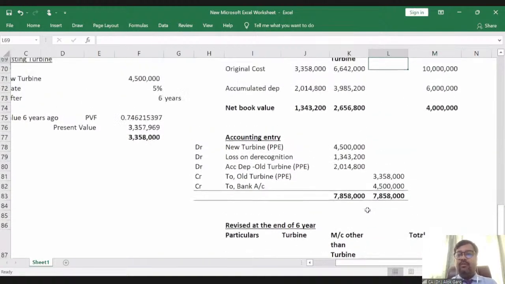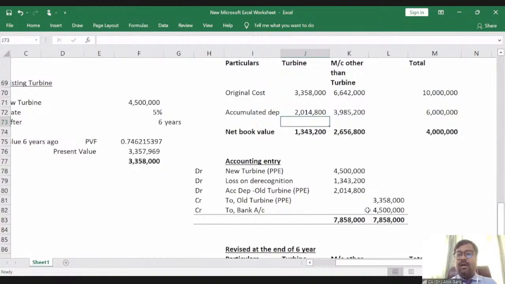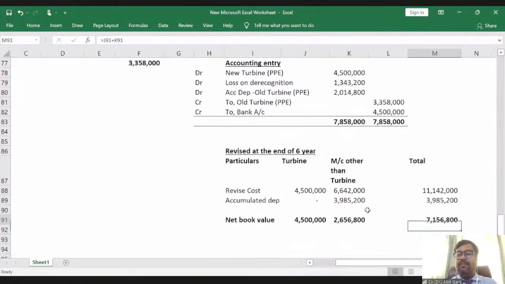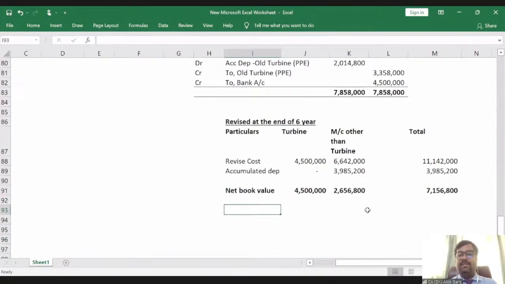So earlier the net block was 40 lakh. After derecognition of this 13,43,200, it became 71,56,800, right? So what will be the prospective depreciation? This will be depreciated over the next 4 years.